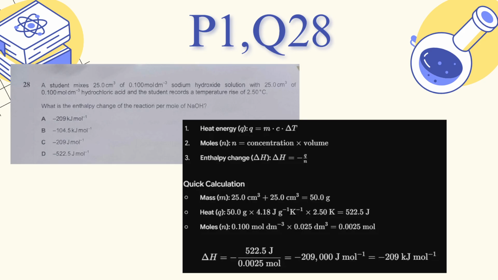Then moles: 0.100 mol dm⁻³ times 0.025 dm³ equals 0.0025 mole. Then using the enthalpy change formula, that is minus Q divided by moles. We got the final answer of minus 209 kilojoule per mole, because it was converted to kilojoule from joule.